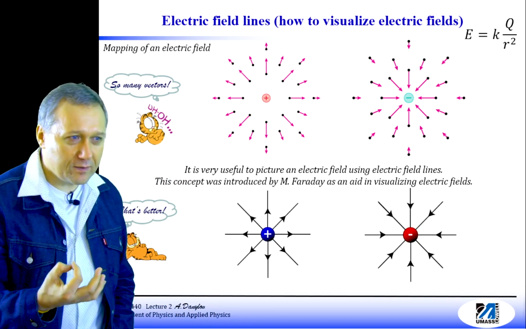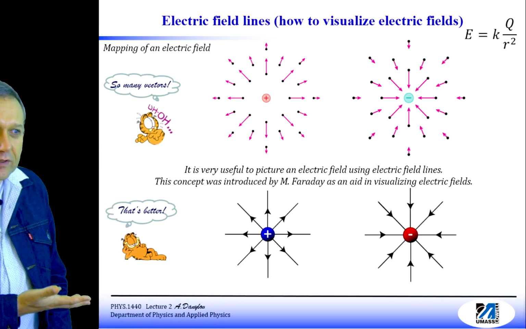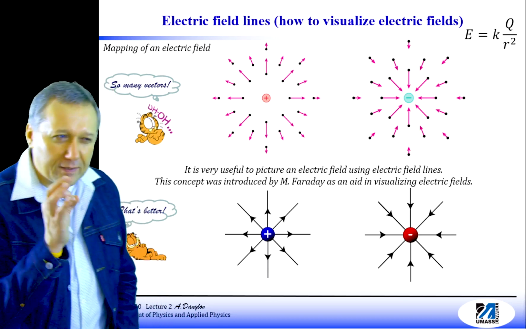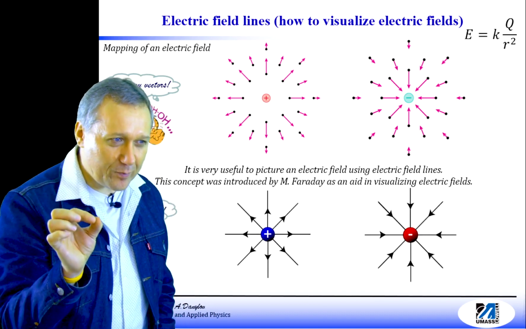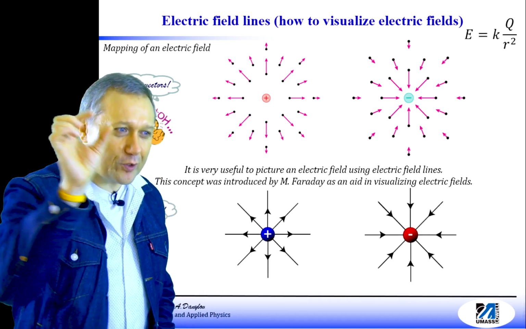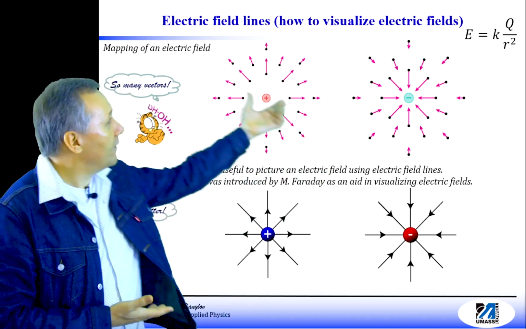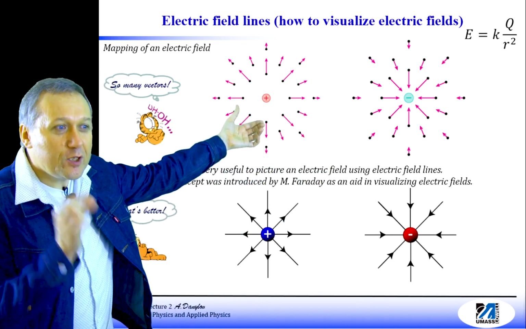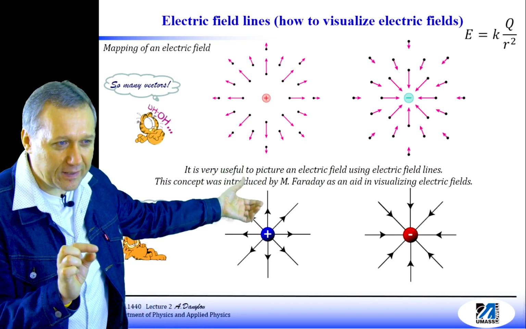Have we lost it? At first impression, yeah, it looks like we lost that important piece of information, but no, not completely. We just transferred that information from one place to another, from the length of the vectors, like in this case, to the density of electric field lines.